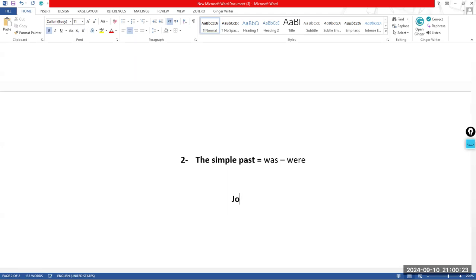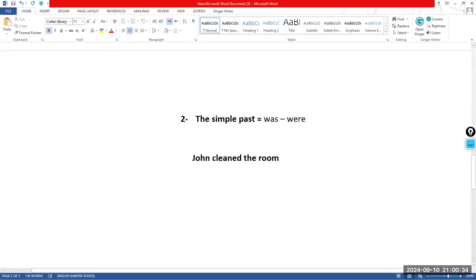So John cleaned the room. Now, what is step number 1? I have to write the object. Where is the object? The room. Thank you. Now, step number 2. Was. Thank you.